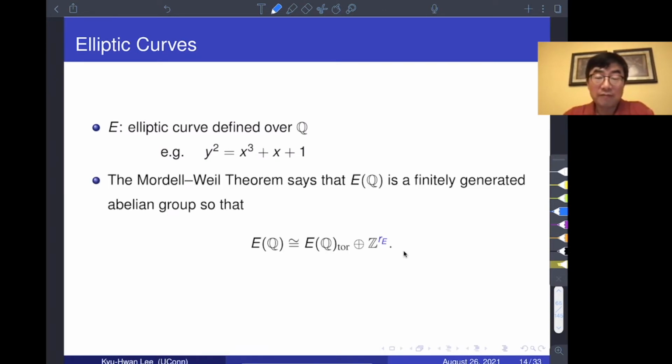The Mordell-Weil theorem says that the Q-rational points of E form a finitely generated abelian group. That means we have a torsion part and a free part, and we have this rank. This number is called the rank of the elliptic curve.